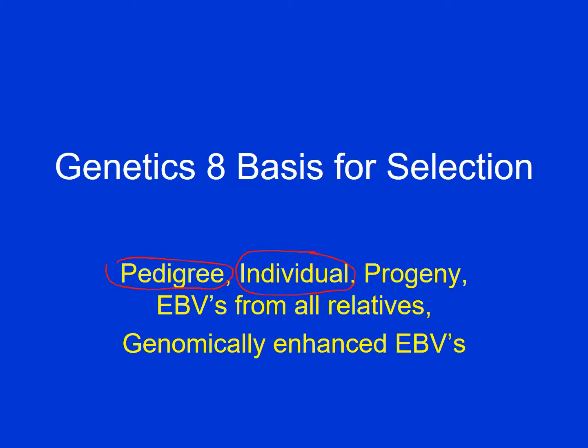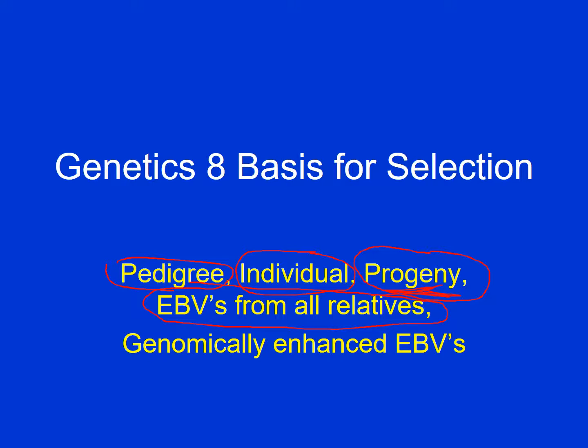Or we can get a bunch of progeny and rank bulls or boars or stallions based on how their progeny perform. The animals are going to be quite old before you get those progeny records. We can calculate estimated breeding values based on performance of all the relatives.